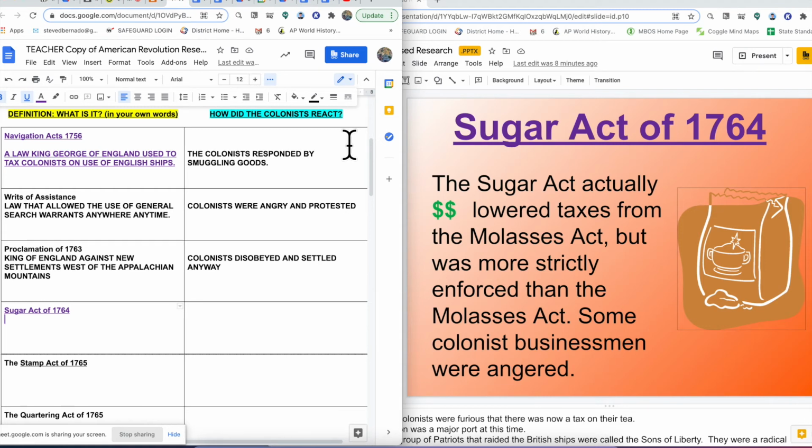So this is a tax on sugar and molasses. More taxes. More taxes angering more people.